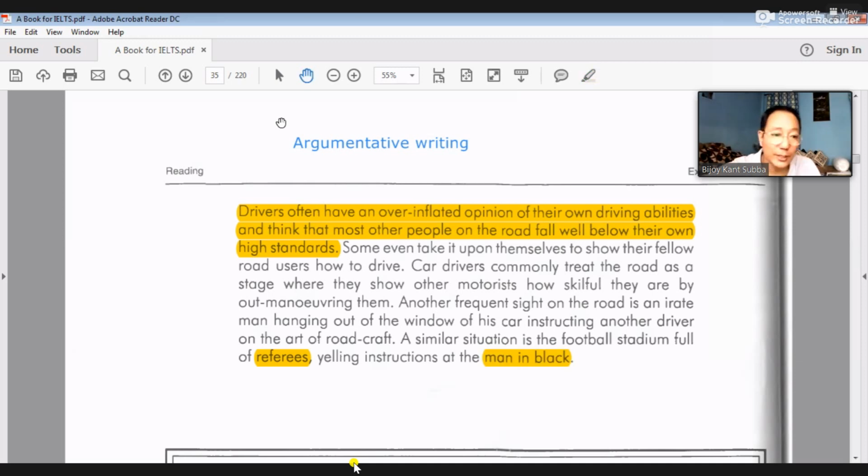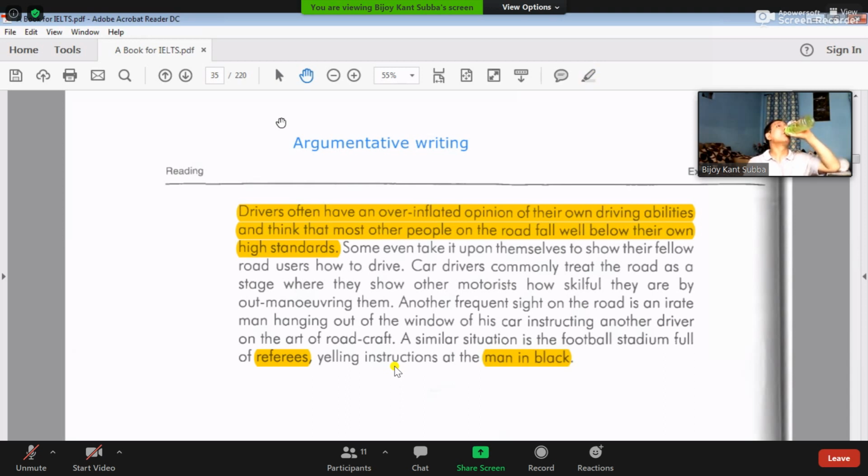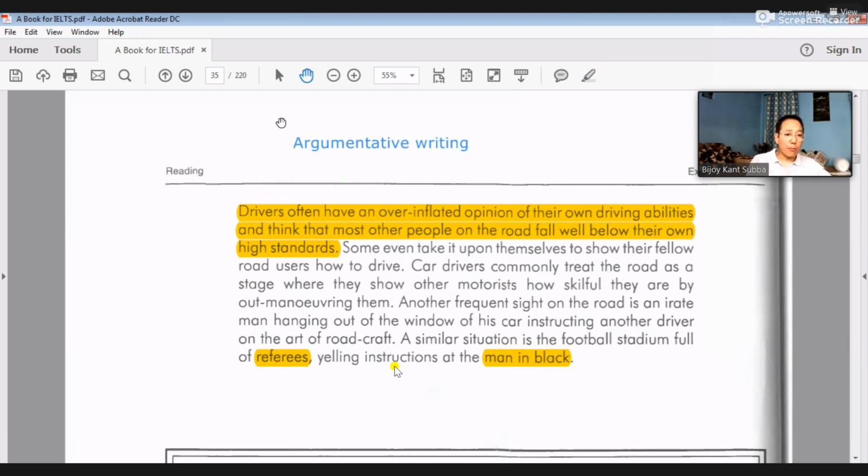Okay, so who are the referees? Anybody? Who is the man in black? Anybody? Anybody?